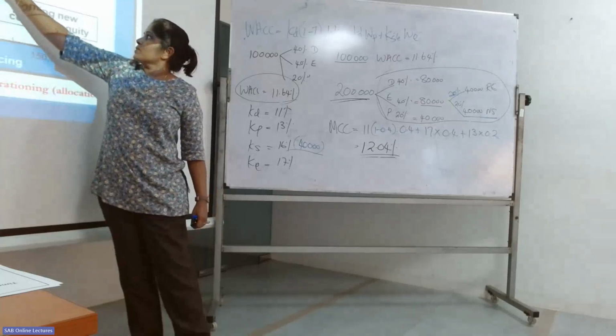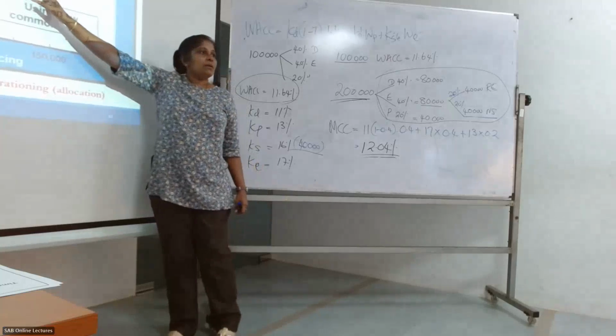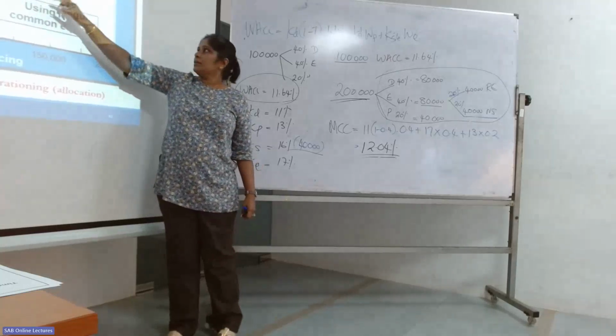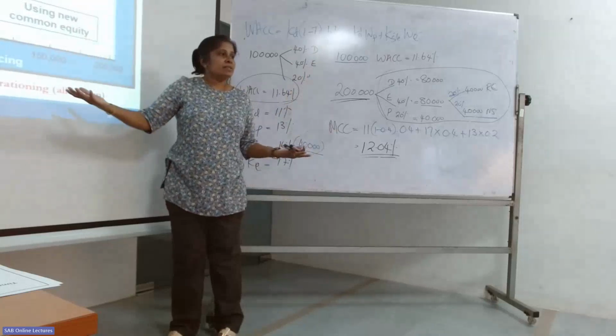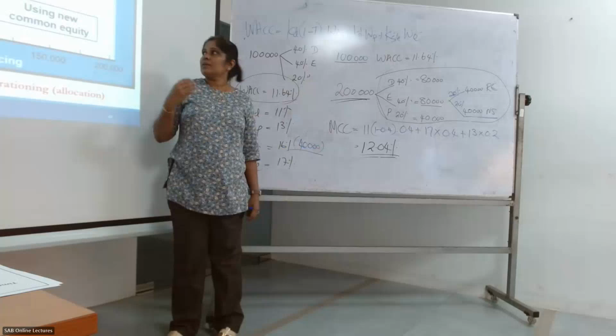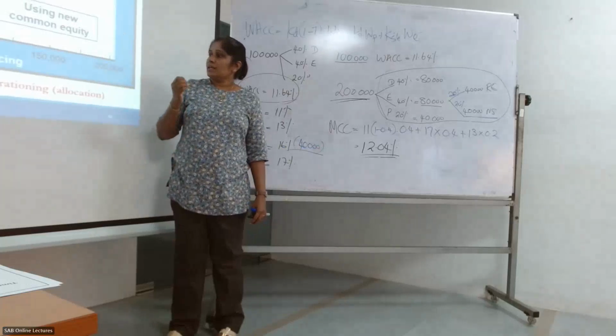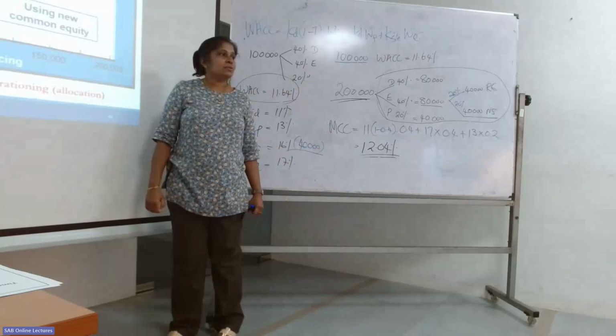At 100,000 you can see MCC is 12.04 and WACC is 11.84. Likewise you will have many breakpoints in future when the component cost is changing. So this is MCC and the weighted average cost of capital.